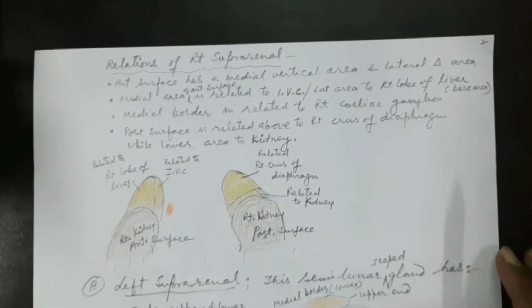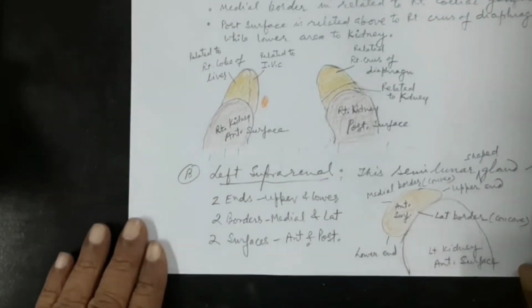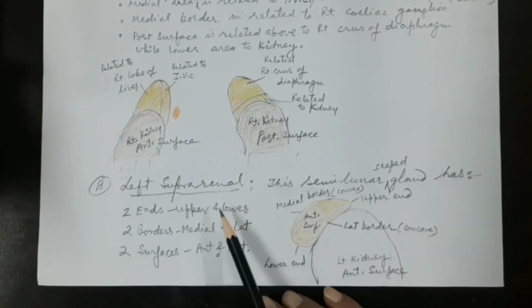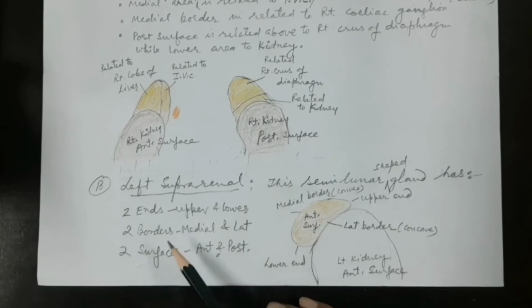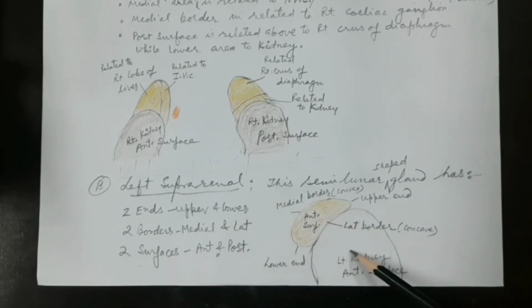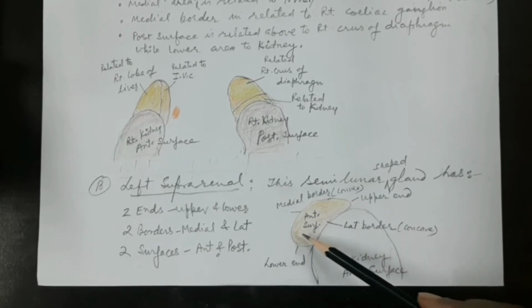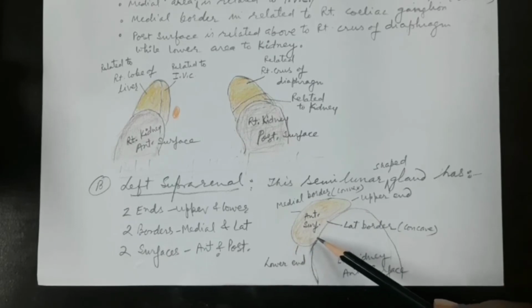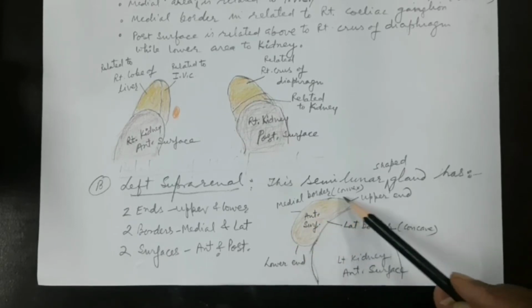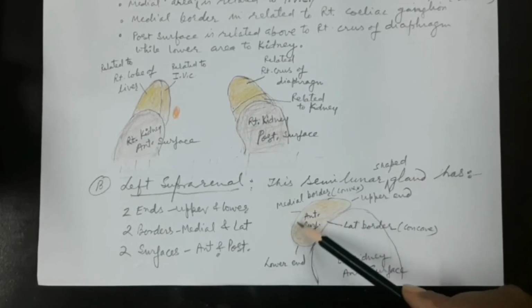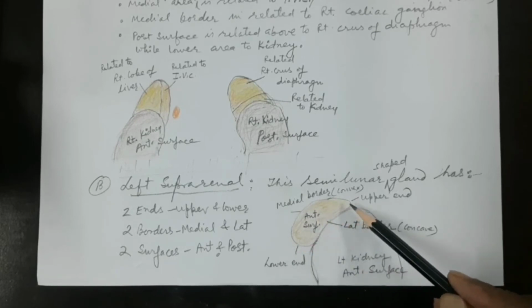Let us go to the left suprarenal gland, and in a similar way, let us first see its features. This is the left kidney, anterior surface, and this is the anterior surface of the left suprarenal gland, which is semi-lunar in shape, crescentic or sometimes comma shaped. It has two ends.